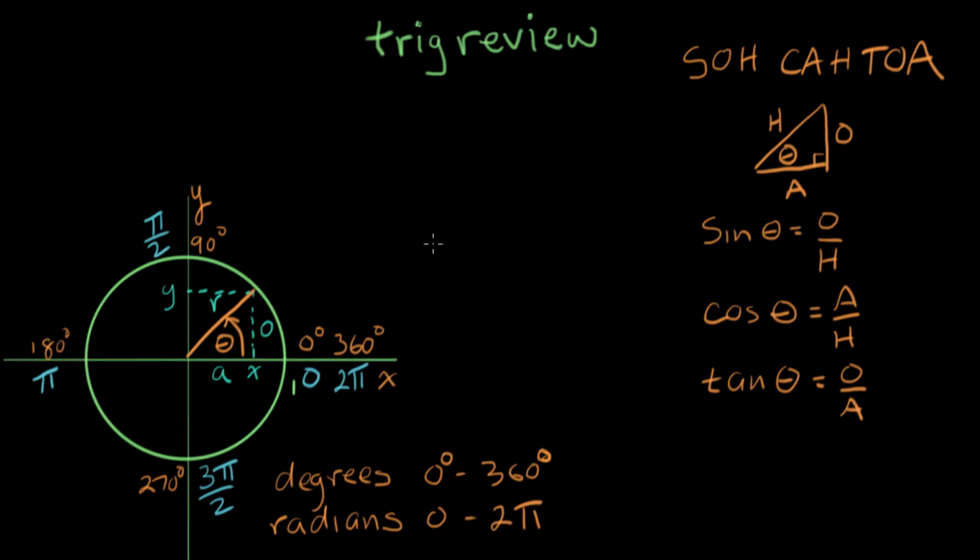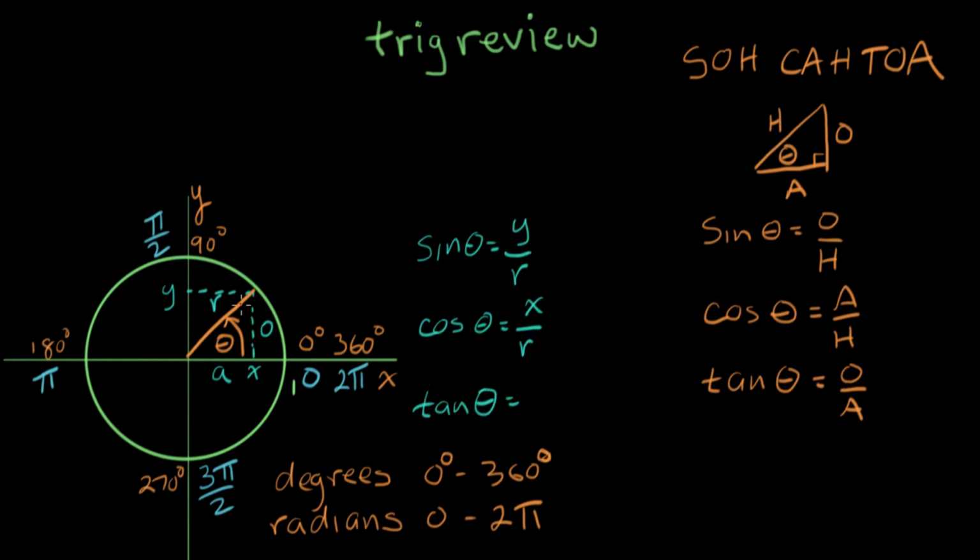Right? So the sine of theta is equal to what? Let's look at our definition. It's equal to opposite over hypotenuse. Opposite is y over the hypotenuse, which is r. If I look at cosine of theta, adjacent over hypotenuse. Adjacent is the x distance, and the hypotenuse is r. And if we do the tangent of theta, that equals what?